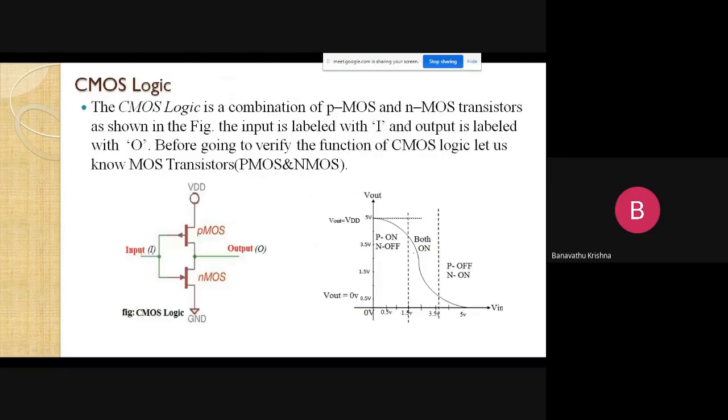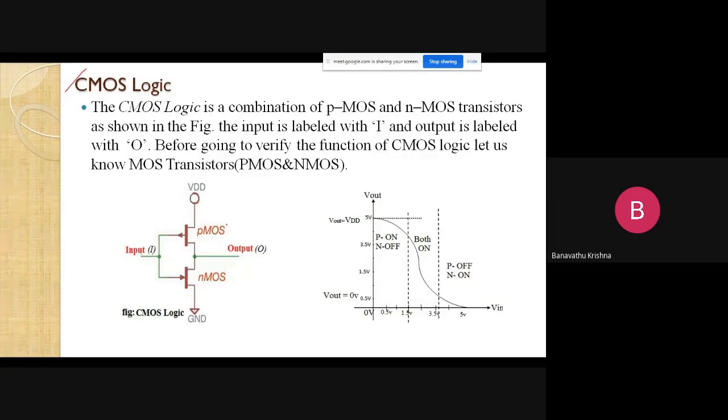So here is one more concept. There is actually no need to explain it here, but you know how CMOS logic is formed. What are the components needed to develop the CMOS logic circuit? That's why I am displaying this concept here, to gain some information about CMOS logic, right?